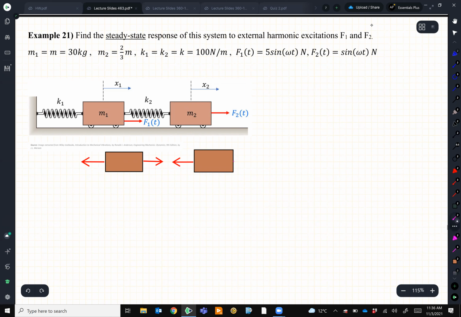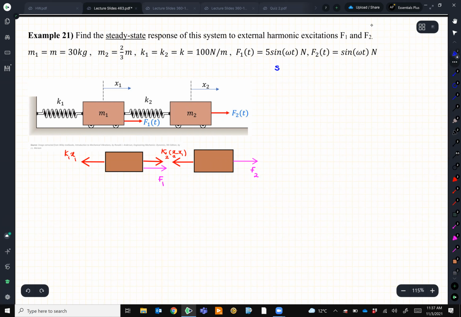In this question, we also have external forces. This is F2 and this is F1. This spring is going to be K1, X1, and these two are going to be K2, X2 minus X1. Free body diagram.